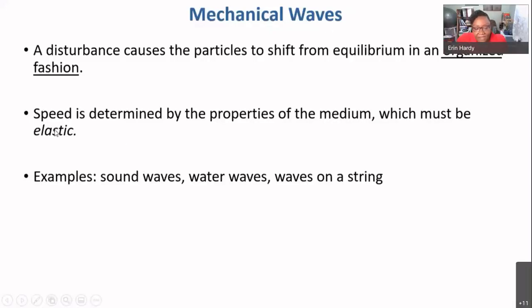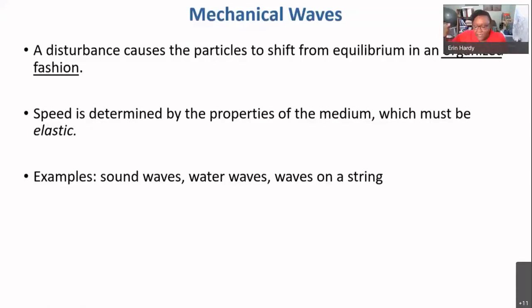So if we think about a wave on a string, the only thing that could affect the speed of that wave is if we change the properties of the string somehow. So if the string started to fray, or if we connected that string to one that had a different linear density, which we're going to talk about coming up, then we could change the speed of the wave.